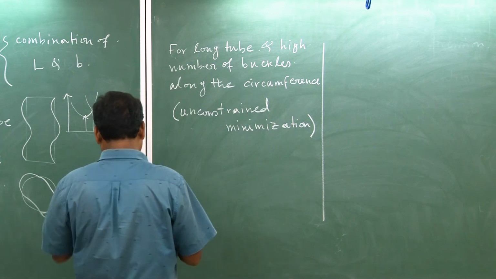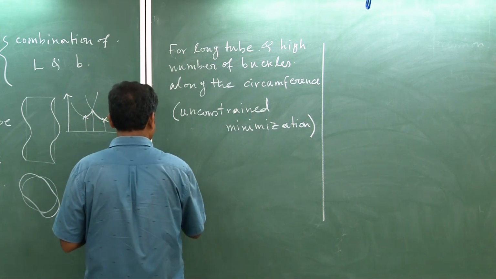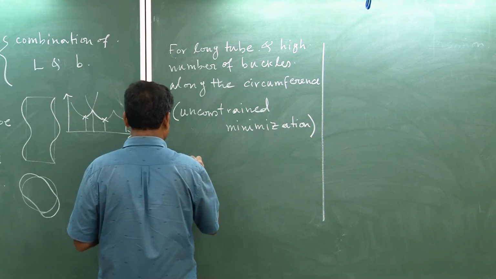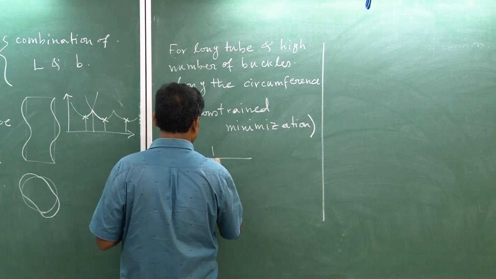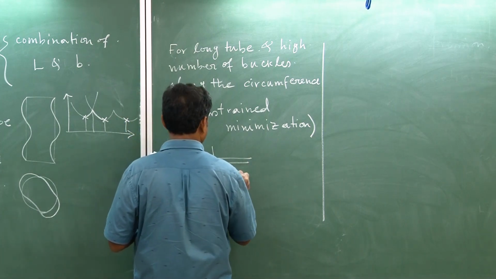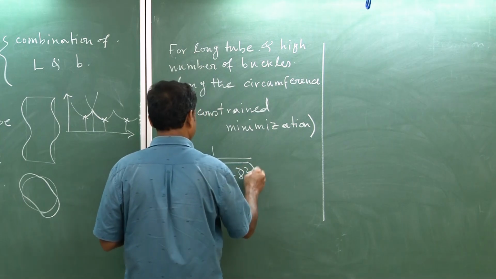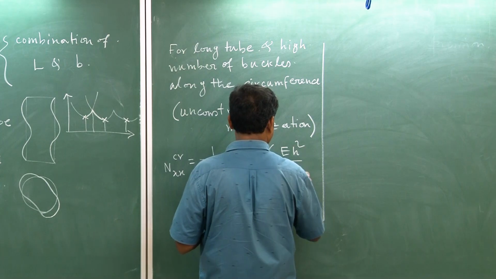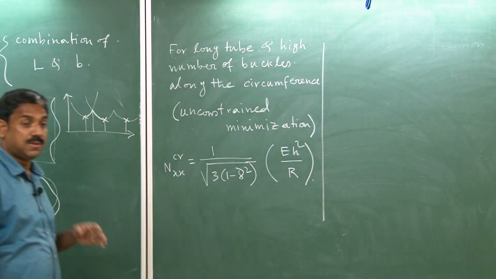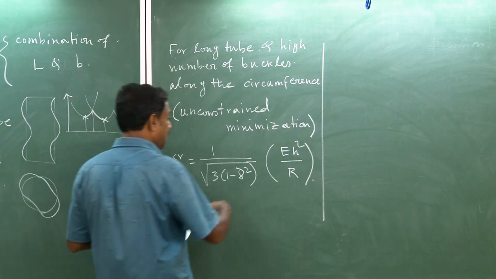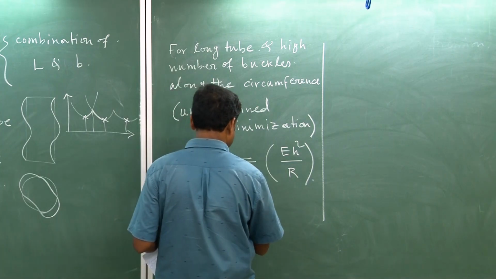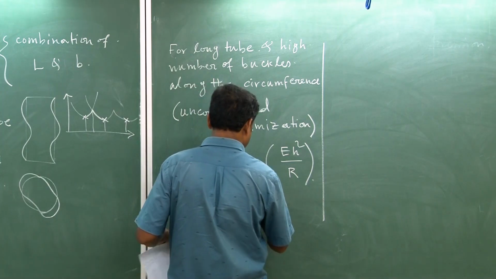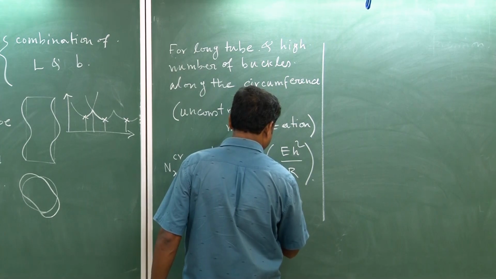The critical load is N_xx critical = 1/root 3 times mu square, E h square by R. You see that dependency, h square by R, and here please note that there is a parameter. This is valid for Z greater than or equal to 2.85.